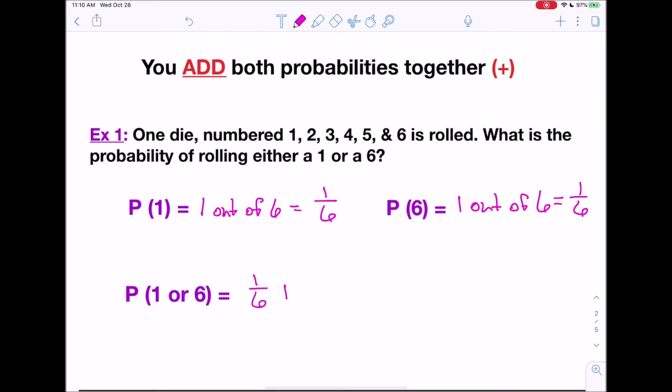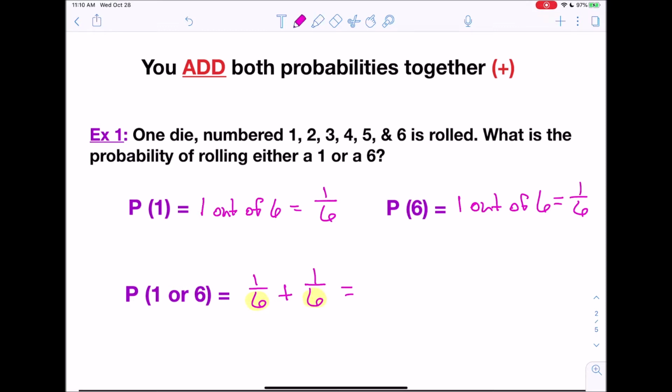So 1/6 plus 1/6. Because they have common denominators, we can just add these fractions. Remember, common denominators mean that the denominators of each fraction are the same.